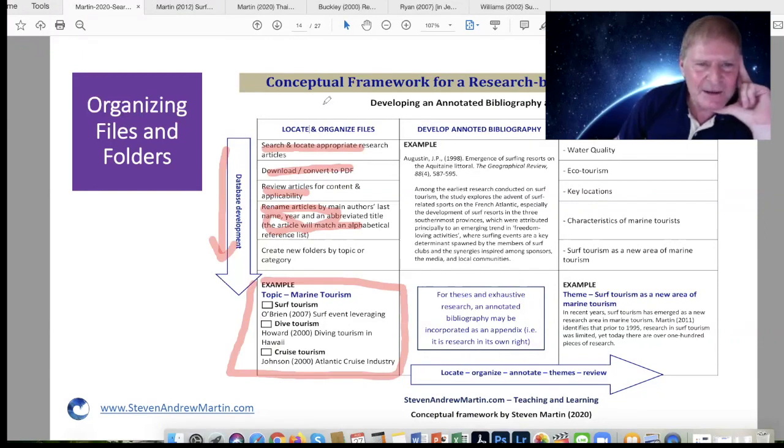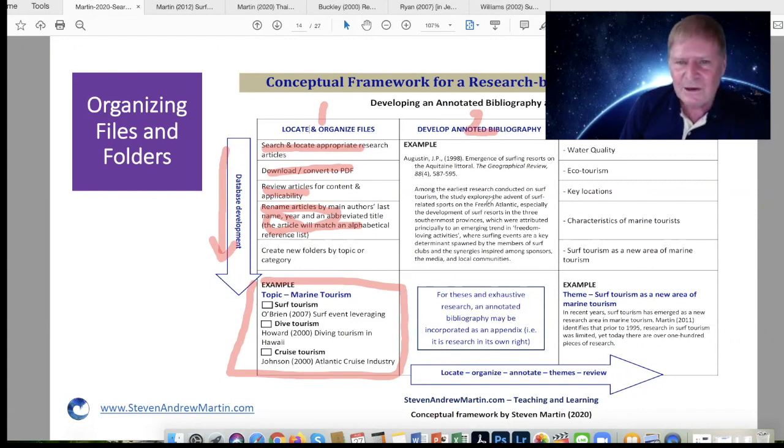So this is like part one. And then the second thing is you do the annotated bibliography. So imagine that the 156 pieces of research that I showed you in my file, I have an annotation like this for every single one. And this really helped me to master the literature, right?